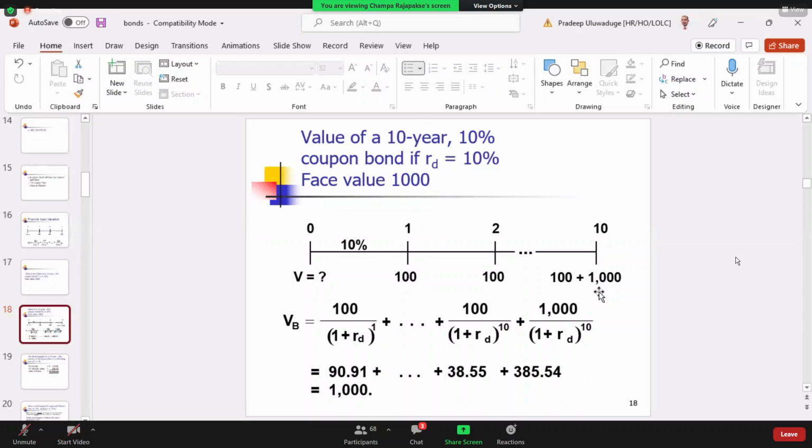So you can use the present value of annuity formula to calculate the value of the coupon payment. Interest rate is 10%. So present value of an annuity equals the payment, which is 100, multiplied by 1 minus 1 over 1 plus r to the power n, divided by r. Right? So r is 10%, n is 10 years.